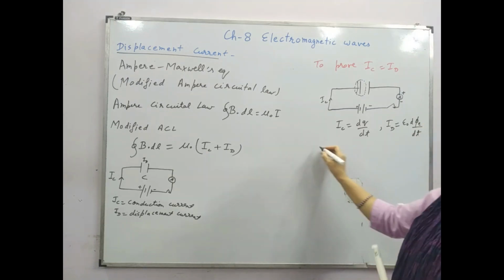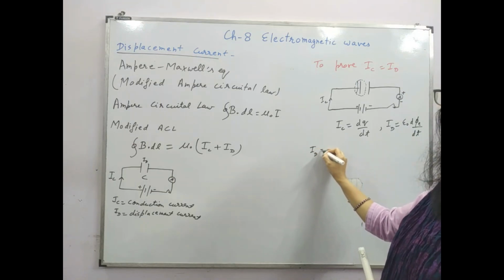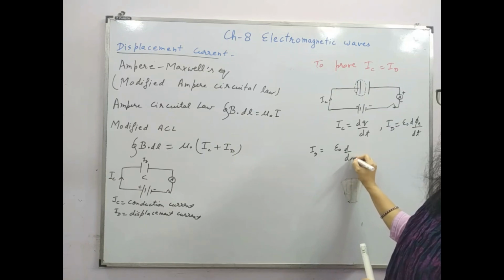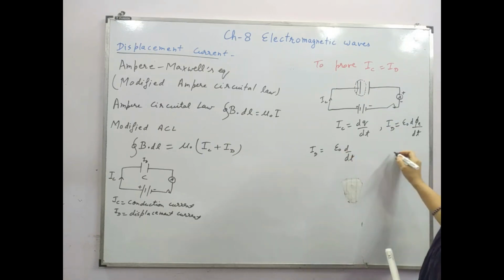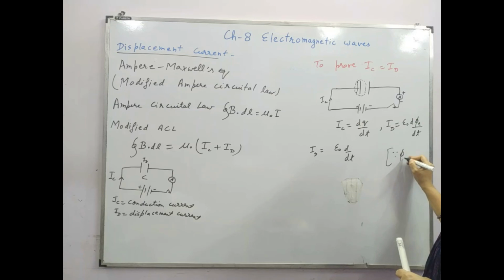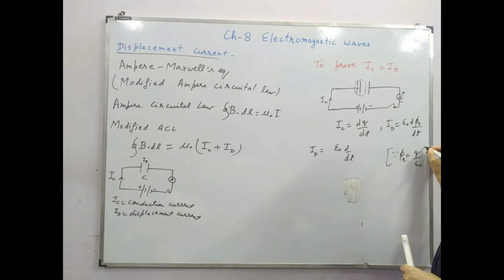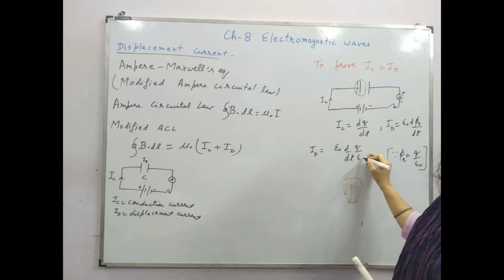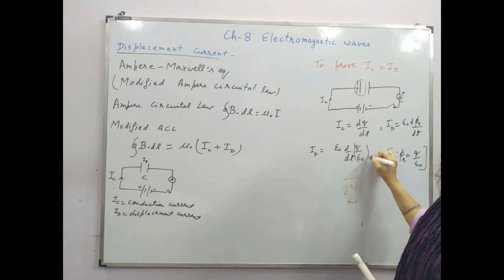Let's take this. So if ID is equal to epsilon naught d by dt of electric flux, we know that electric flux is charge upon epsilon naught through a closed surface. So I can write charge upon epsilon naught.